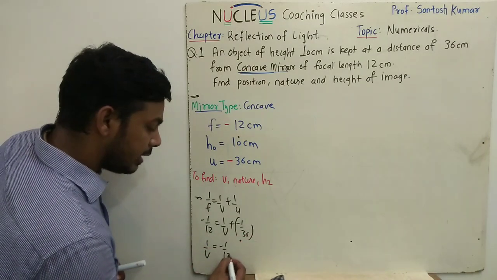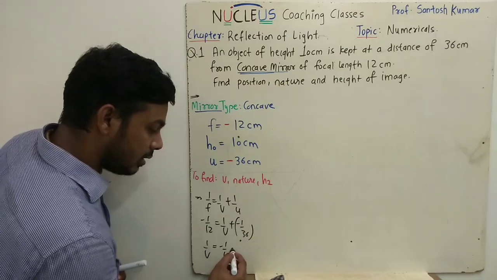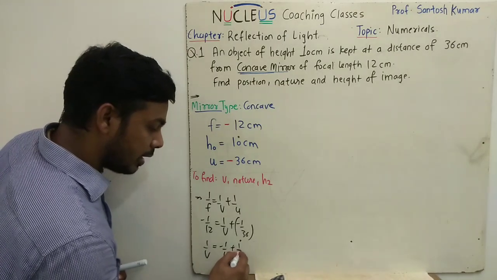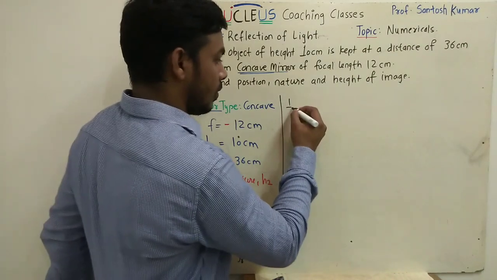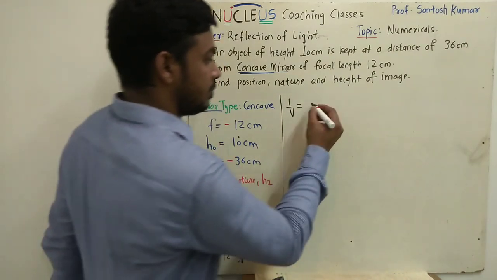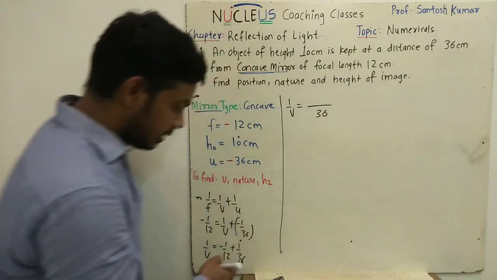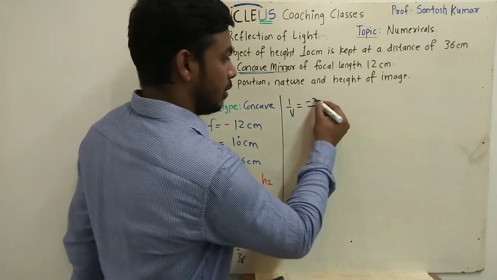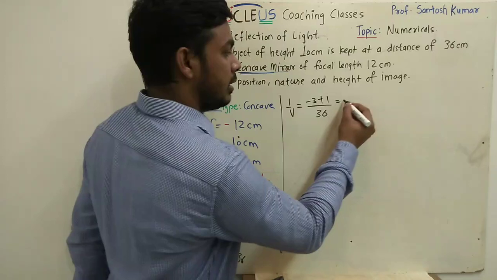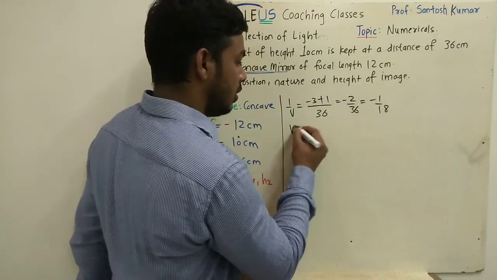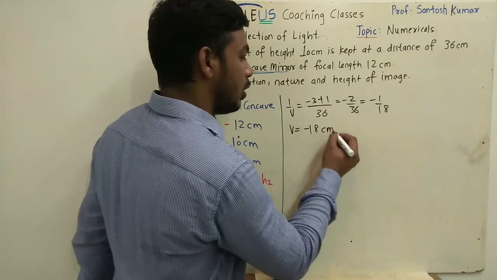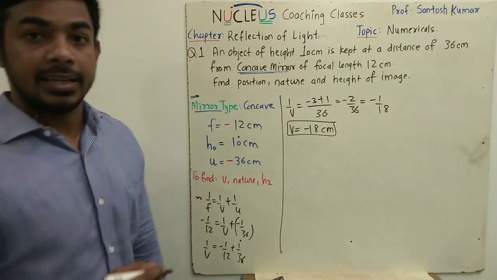So this becomes minus 1 upon 12, plus 1 upon 36. Solving this, 1 upon v will be, let's take 36 as LCM, minus 3 plus 1, this is minus 2 by 36. It is minus 1 by 18. So what is the value of v? We got minus 18 centimeter.